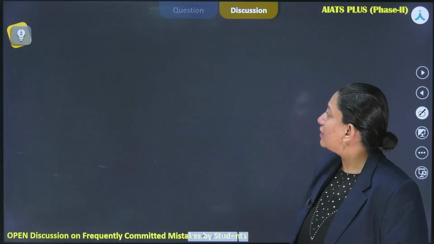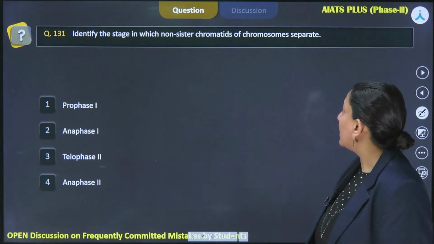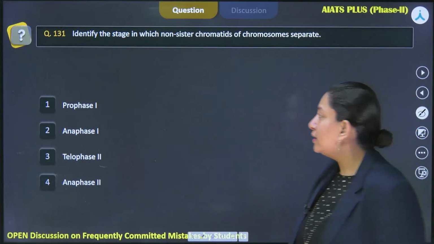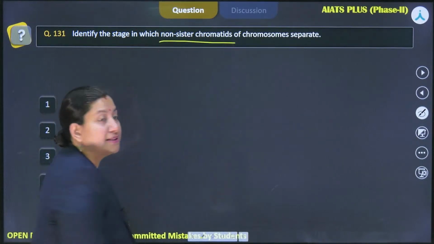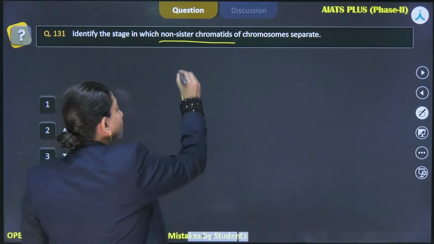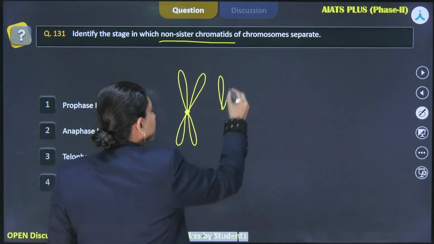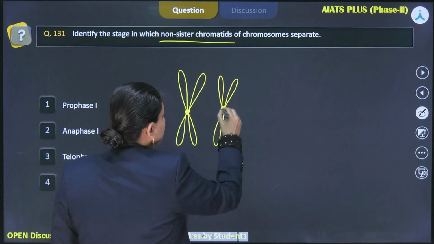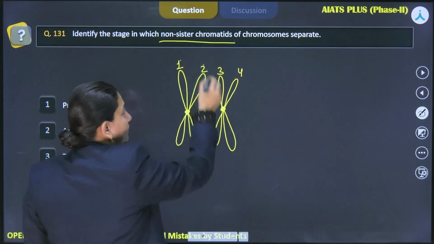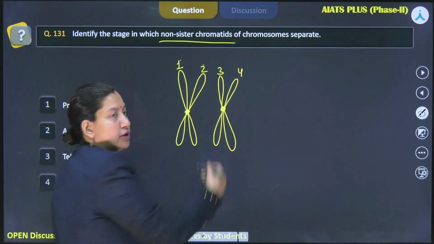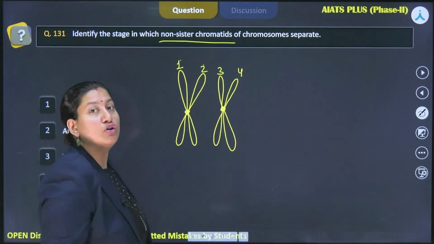Now moving ahead, we have another question which asks: identify the stage in which non-sister chromatids of chromosomes separate, right? So it is talking about the non-sister chromatids, right? So when we talk about these bivalents that we have discussed, if we name them like this, 1, 2, 3, 4, so 1 and 2 together will be sister chromatids, 3 and 4 together would be sister chromatids, and 1 with 3 or 4, or 2 with 3 or 4 are non-sister chromatids.